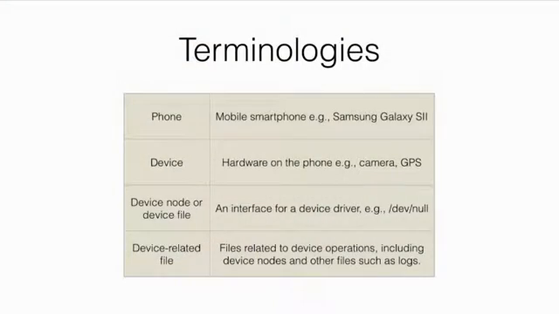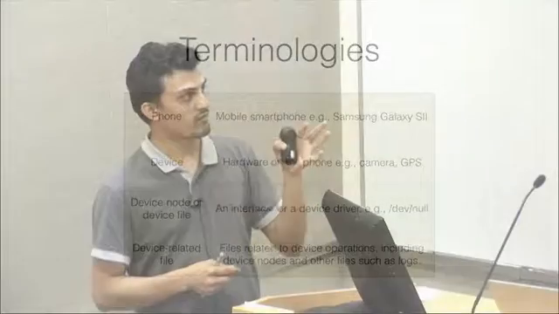Just to make sure, these terminologies are a little confusing. By phone, we mean a mobile smartphone, any smartphone, and device means the hardware on the phone. For example, camera is a device, GPS is a device. By device node or device file, we mean an interface for a device driver.